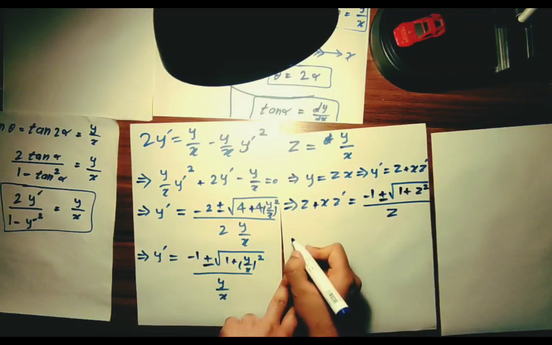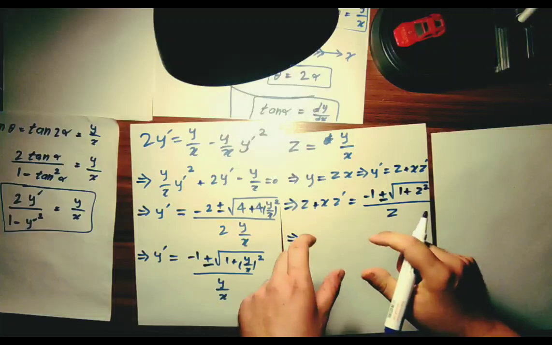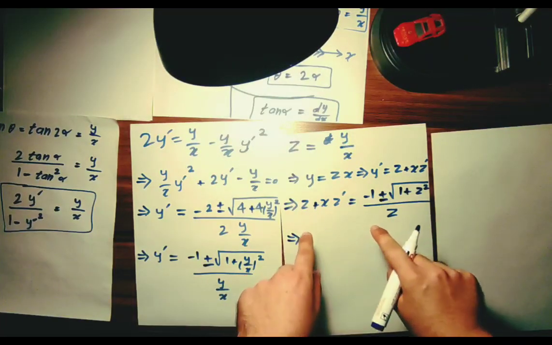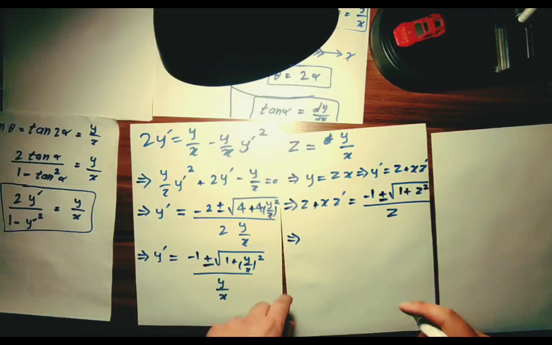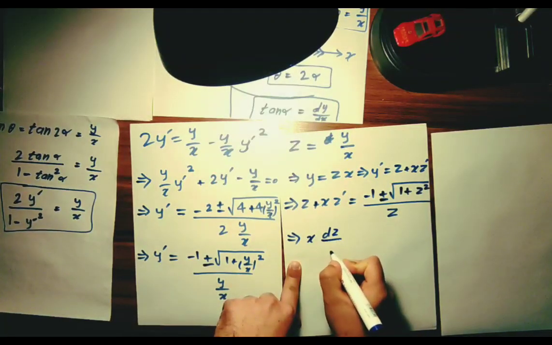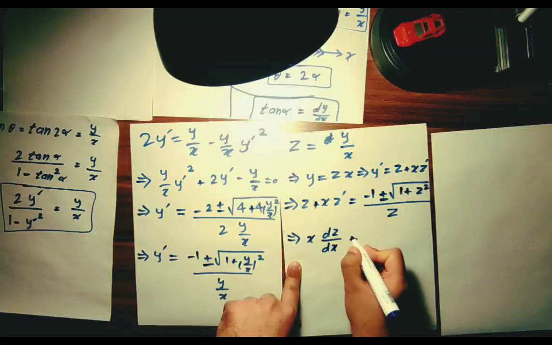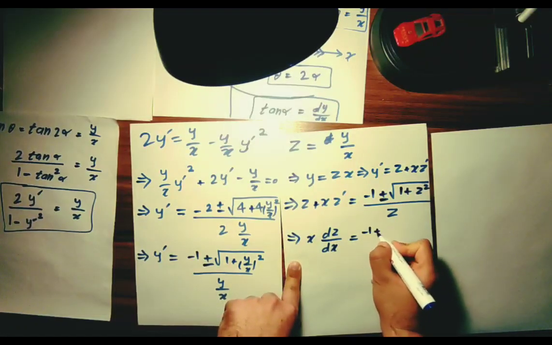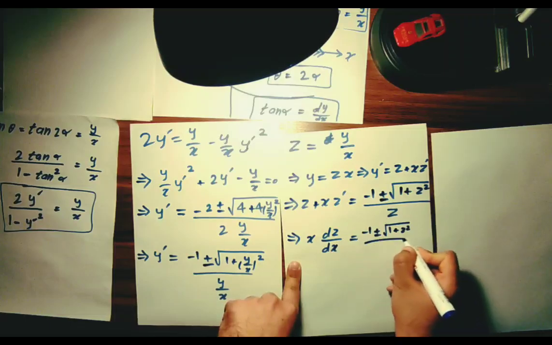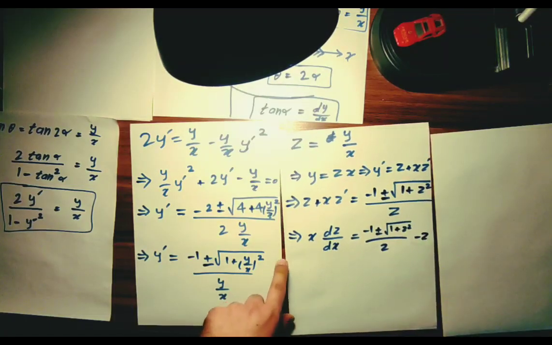Okay, let's actually put the z terms on one side and x terms on the other side. So x dz dx is equal to minus 1 plus minus radical 1 plus z squared, on z minus z.